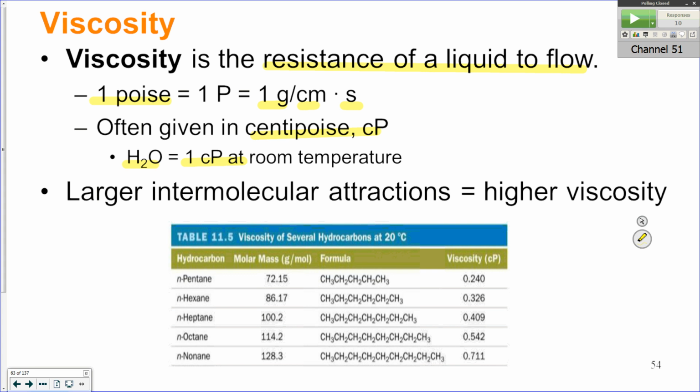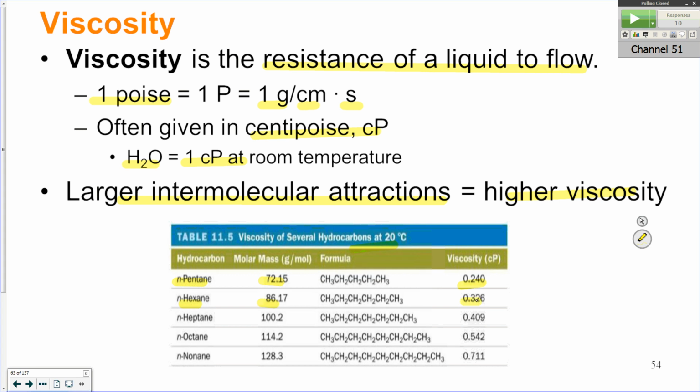So the larger the intermolecular forces or attractions, that results directly in a higher viscosity. If we look at things like the straight chain hydrocarbons, pentane weighs 72. It has a value of around 0.2. Hexane is 86, so every one of these we're adding 14 to it, another CH2 group.